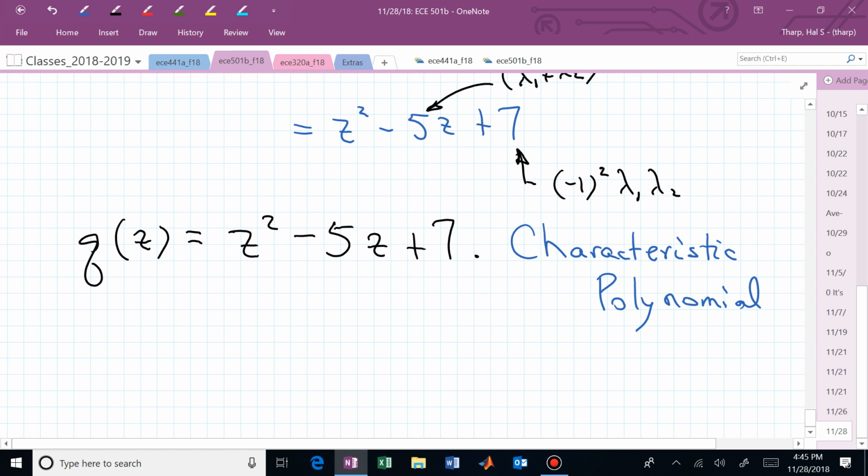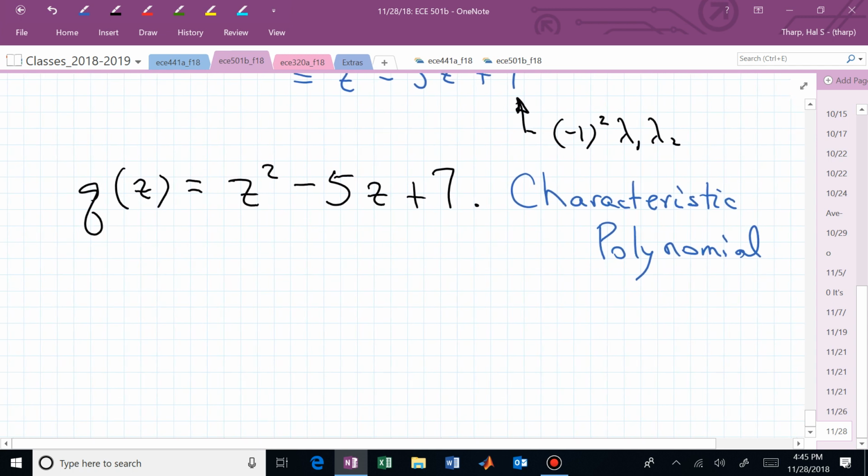And we also know that the characteristic equation, which is the characteristic polynomial set equal to 0, solving that finds our eigenvalues as well, right? So we could find the lambdas by finding the values of z that force this to be true.